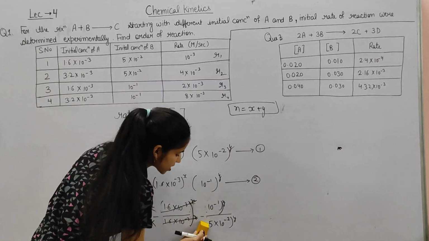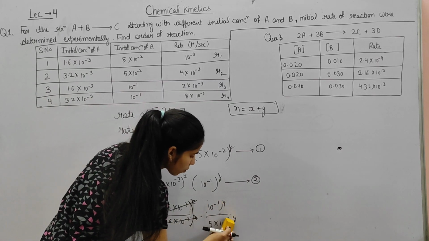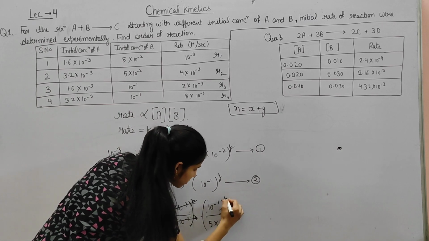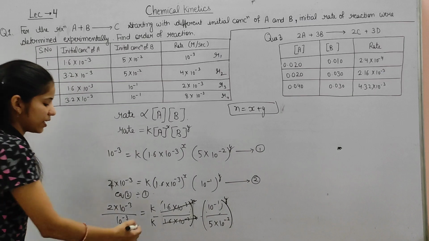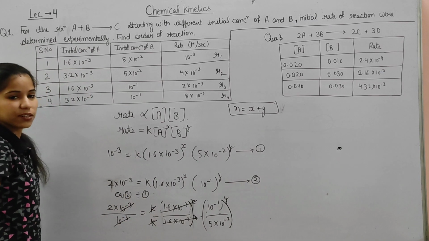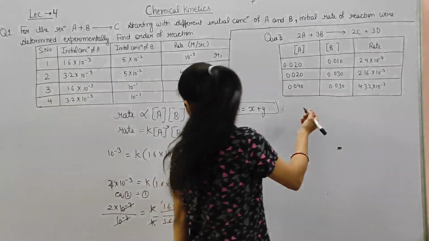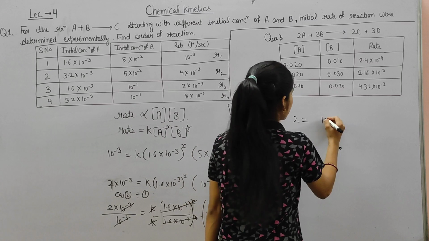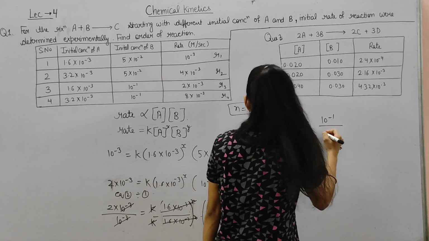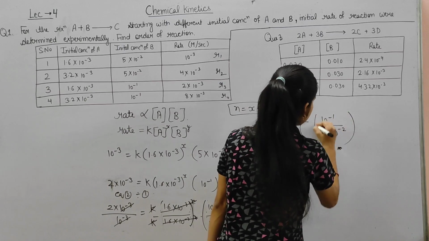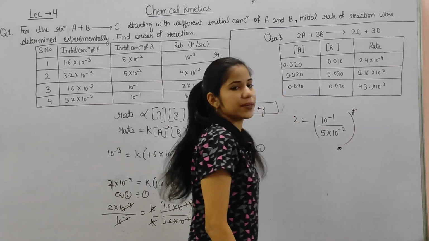The k will cancel from here, and the 10^-3 will cancel from here. Now we are solving here, so 2 equals (10^-1 divided by 5 × 10^-2) raised to the power y.